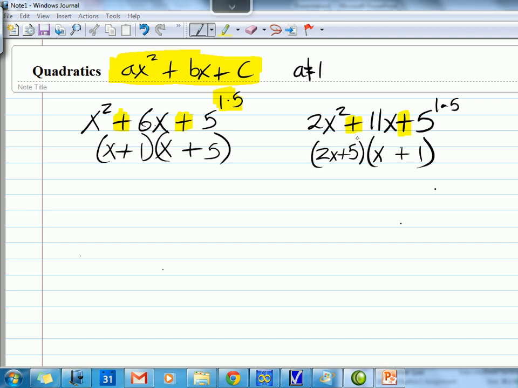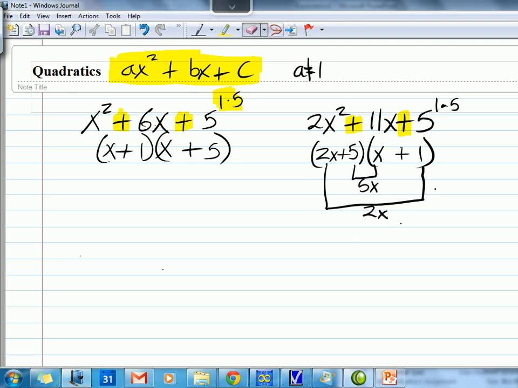Is that the factored version of this? The only way to find out is to take care of the outside and the inside. This will be 5x, this will be 2x. Does that combine to give you 11x? No. So putting the 5 and the 1 there did not work.